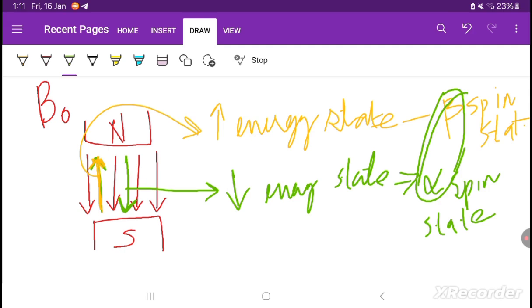So what we were telling by now is about protons. This nucleus will have electrons also.